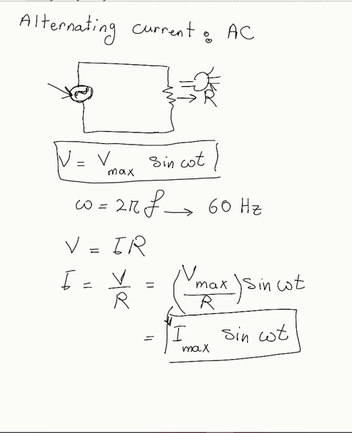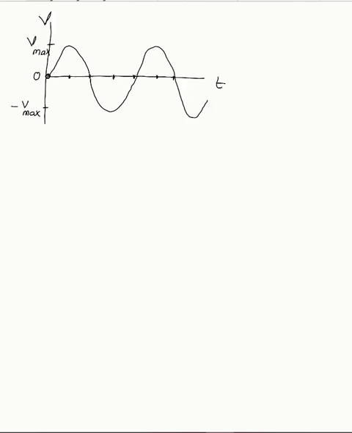Now I can plot the diagrams for these two and see how they compare. This is figure 24.1, and it shows you the voltage versus t, and you can see that it is like a sine wave, so it is periodic.